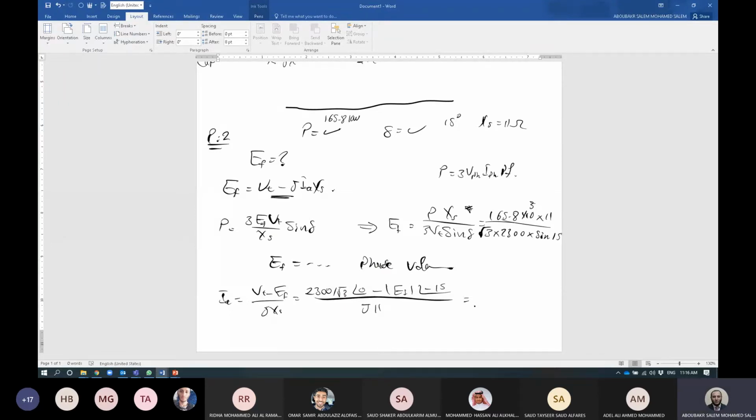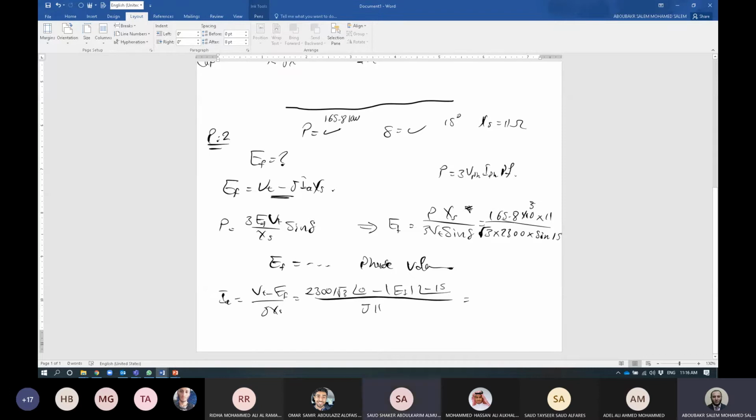Does anyone have a calculator to calculate with us? Calculate the EF now. What is the value? We need to calculate EF in the beginning.